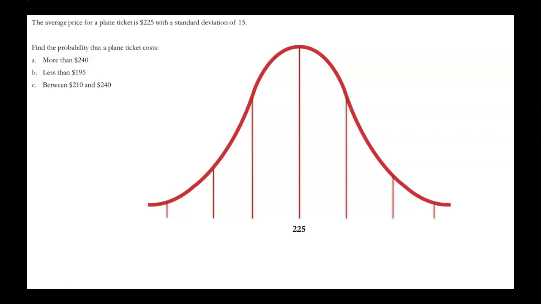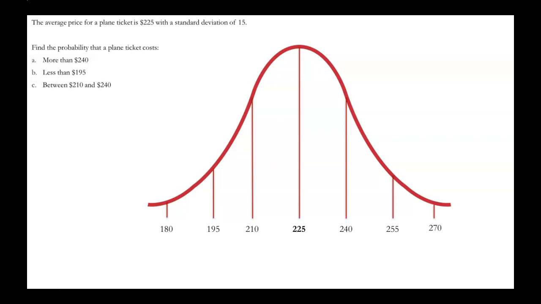So we draw our bell curve, right? And in the very middle of our bell curve is our mean, our average price for a plane ticket. So that's our 225. And then we have 3 standard deviations on either side of our mean. So we add and subtract 15 to figure out our values at each standard deviation, right?